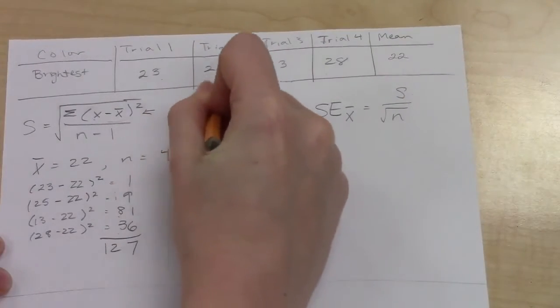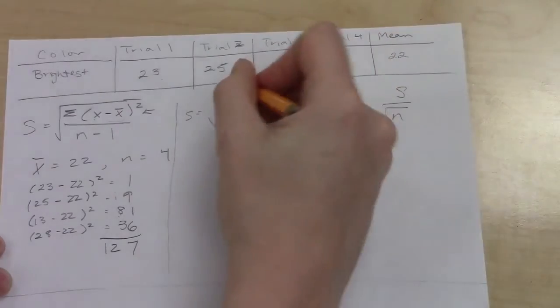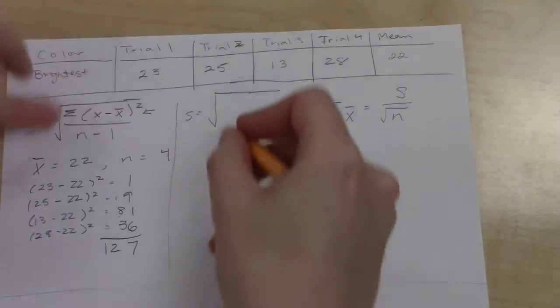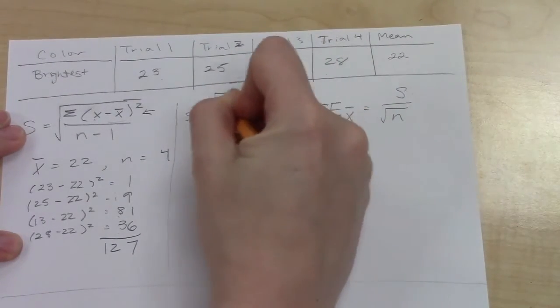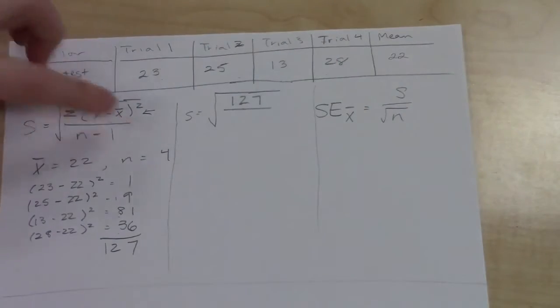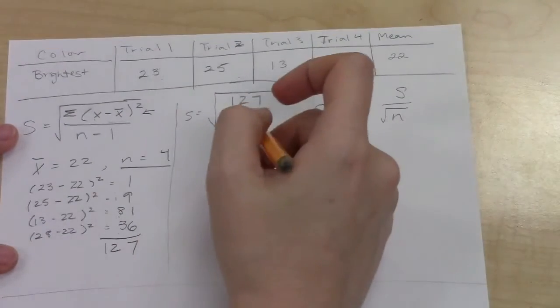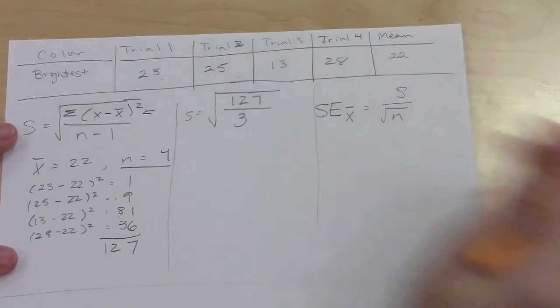So to find our standard deviation for this set of data, s equals the square root of 127, that was this value that we found right here, 127 divided by n minus 1. And n, as we said before, equals 4. So n minus 1 is 3.